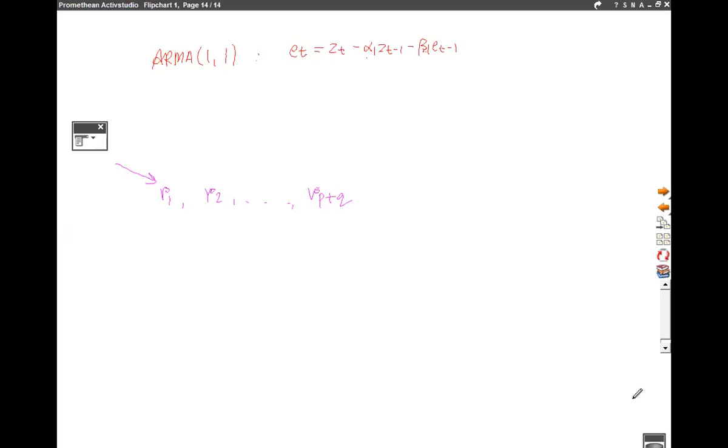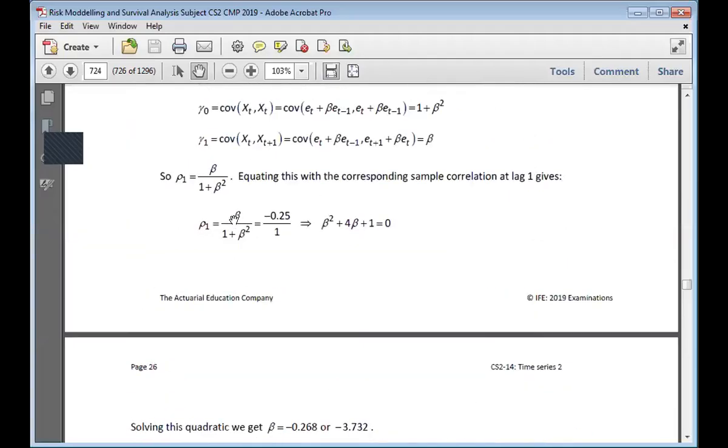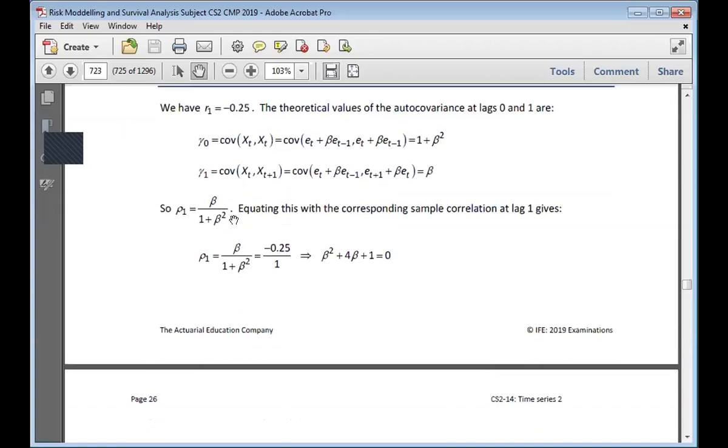Oh, wait. Let us do that again. Okay, I actually mistakenly wrote that wrong. So what you will have here is 1 plus beta square sigma square, right?